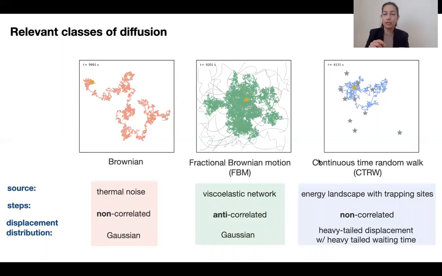Every time that it gets trapped, it draws a waiting time from a heavy tail distribution of waiting times to decide how long it would stay on the current point before it makes the jump to the next point. It also draws the step size from a heavy tail distribution to decide how big of a jump it should make in each step. And overall, these steps are all non-correlated. What gives rise to subdiffusivity is just this waiting time distribution that is heavy tail.